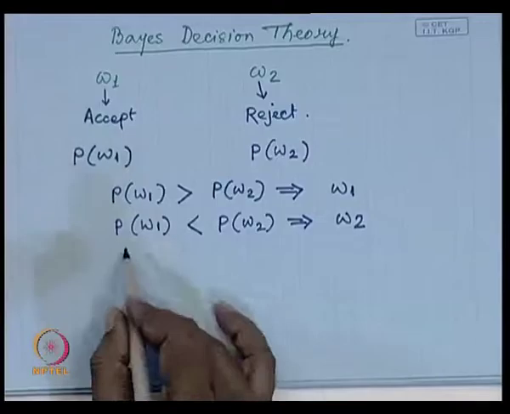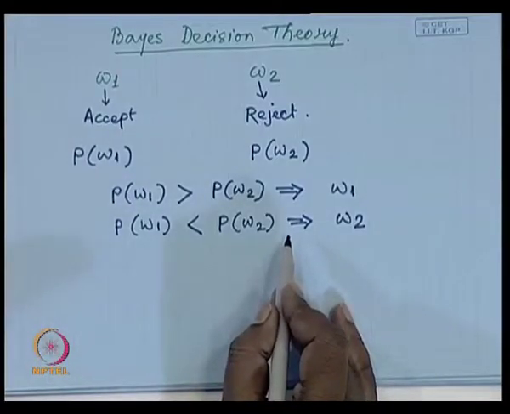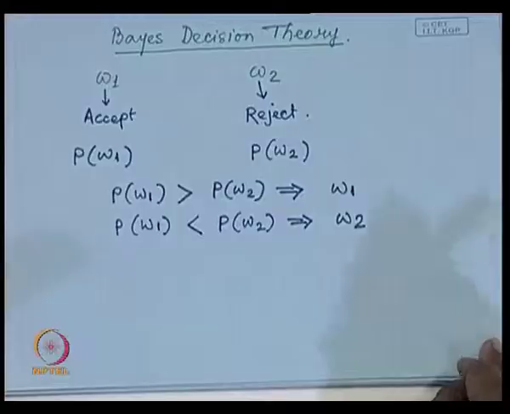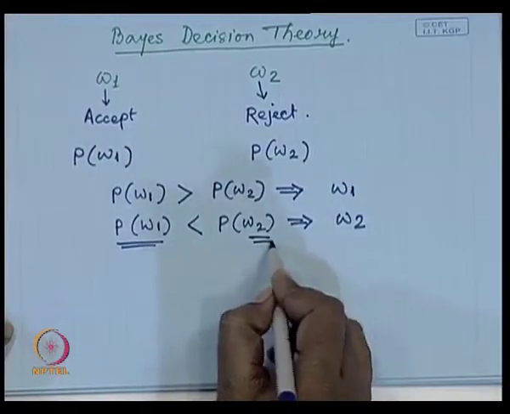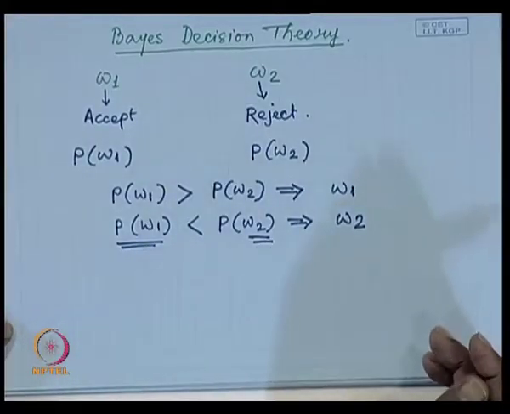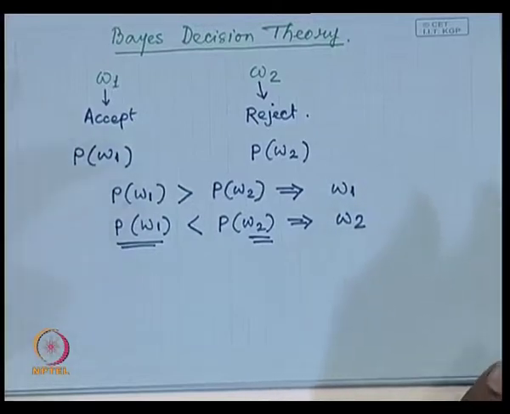Or if p of omega 1 is less than p of omega 2, I will always decide in favor of omega 2, even if the object may actually belong to class omega 1. That means the objects will always be rejected or always be accepted based on our a priori probabilities p omega 1 and p omega 2. So, this is not at all a logical decision.